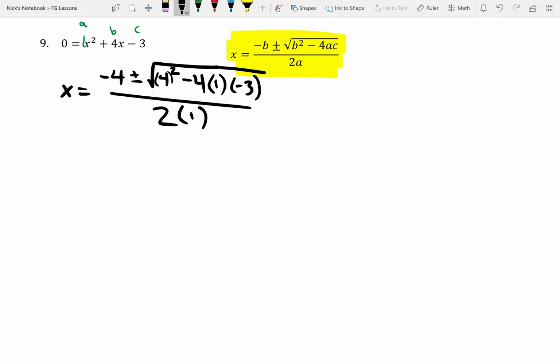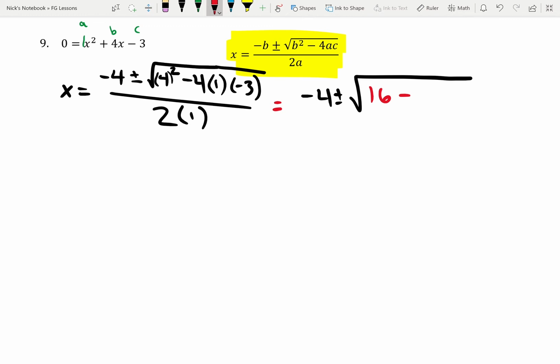I always like to simplify whatever's underneath the radical, so let's do that. Negative 4 plus or minus the square root of 4 squared, which is 16, minus 4 times 1 times negative 3.